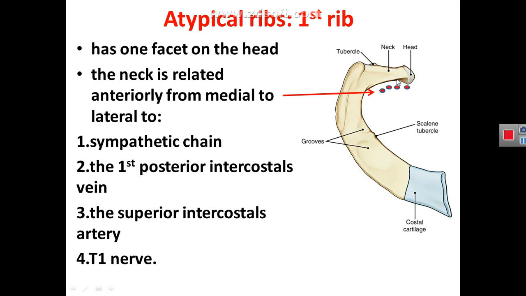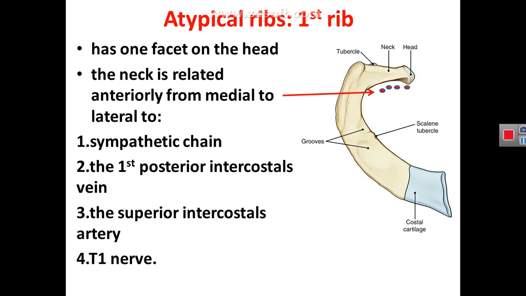The neck of the first rib is usually related to four structures anteriorly, which are, from medial to lateral, the sympathetic chain, the first posterior intercostal vein, the superior intercostal artery, and the T1 nerve.